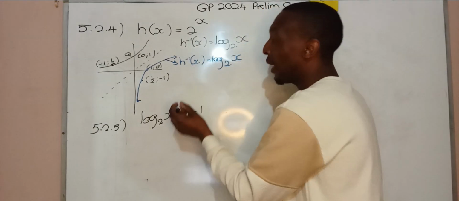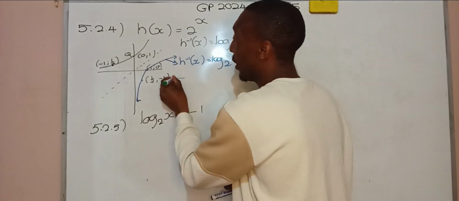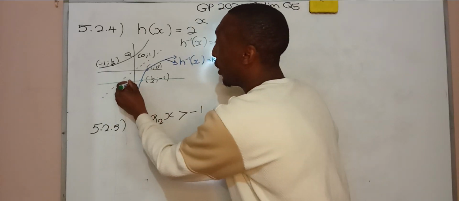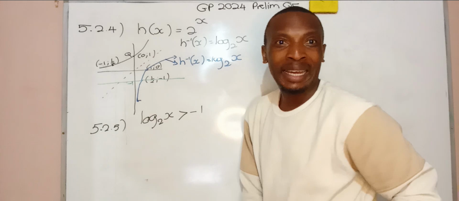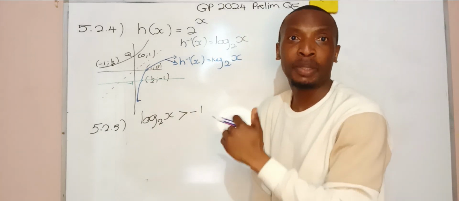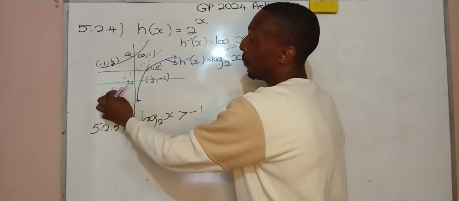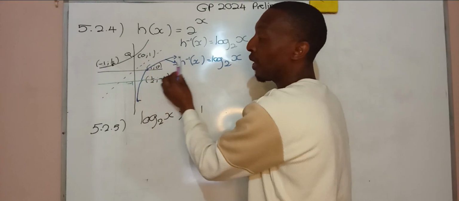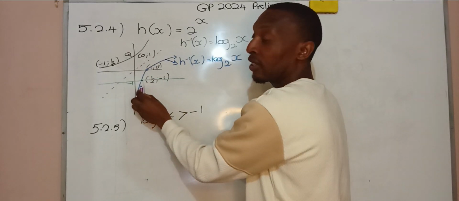If you draw the line y is equal to -1, it's a line that goes like that, through -1. They want to know where the graph is above that green line. For what values of x? It starts being above the green line from here, going that way. But what's the x value here?